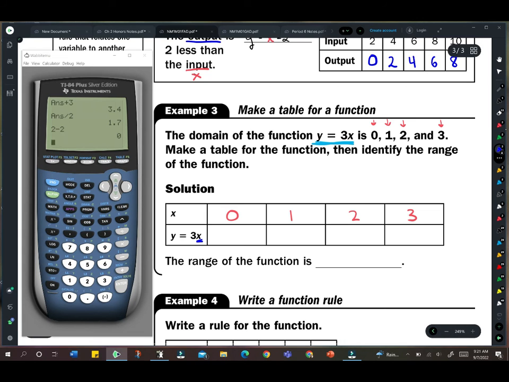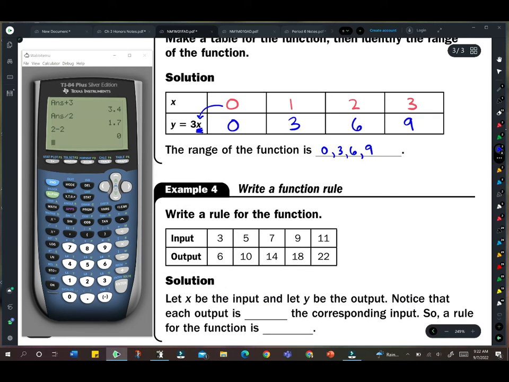The other section then is simply putting 0 in for x. So 3 times 0 is 0. 1 times 3 is 3. 2 times 3 is 6. And 3 times 3 is 9. So the range of the function would be 0, 3, 6, and 9.